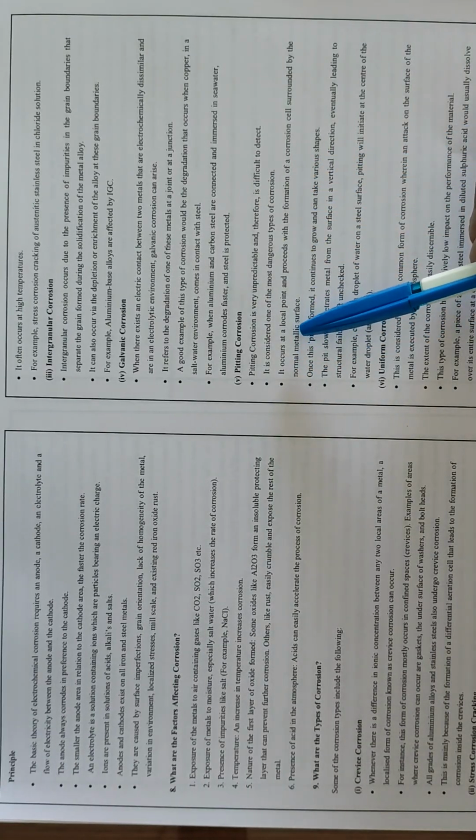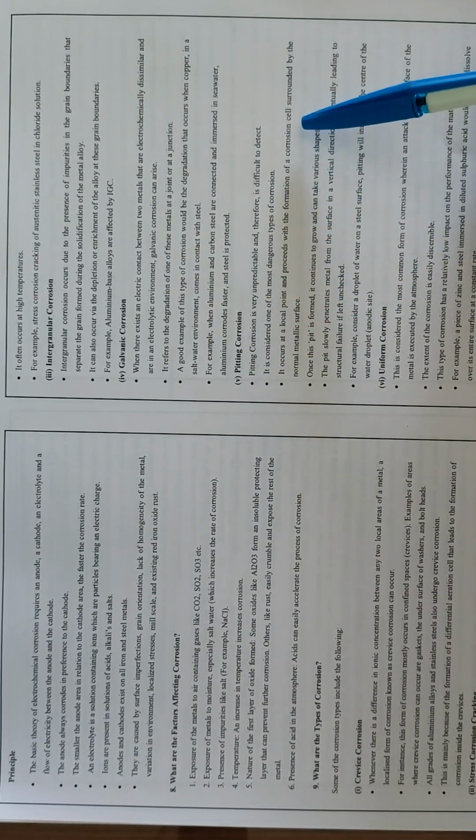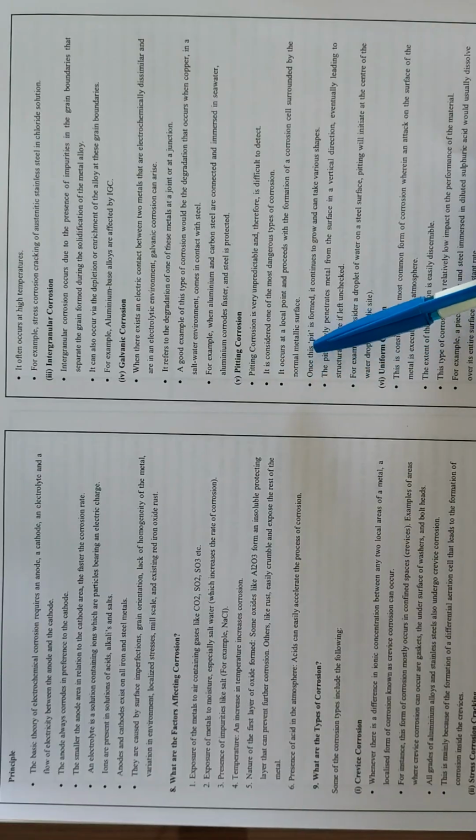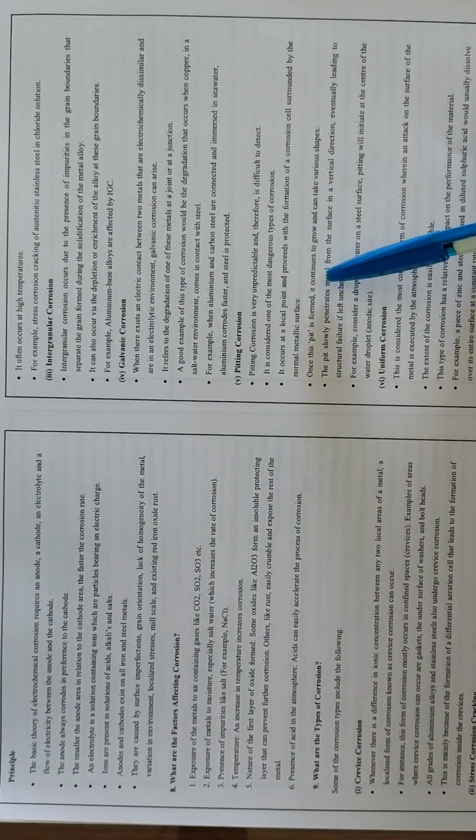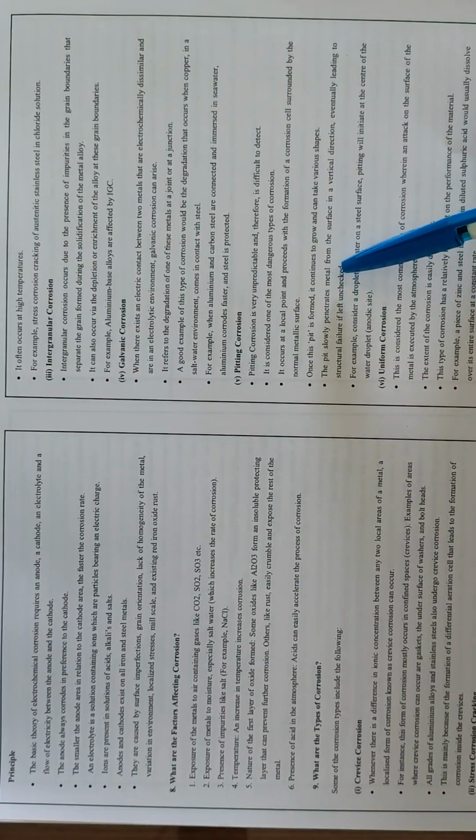It occurs at a local point and proceeds with the formation of a corrosion cell surrounded by the normal metallic surface. Once a pit is formed, it continues to grow and can take various shapes. The pit slowly penetrates metal from the surface in a vertical direction, eventually leading to structural failure if left unchecked.